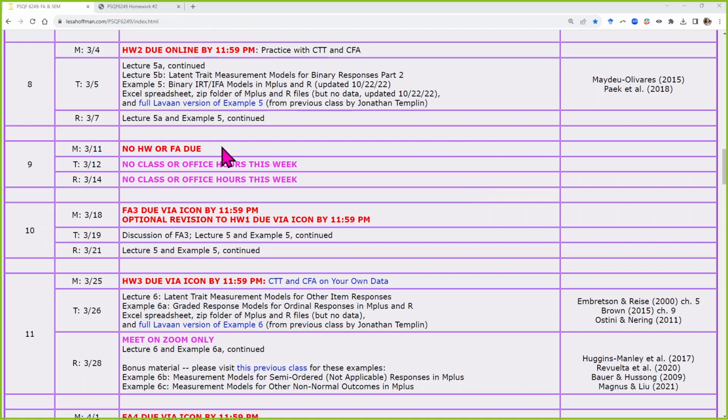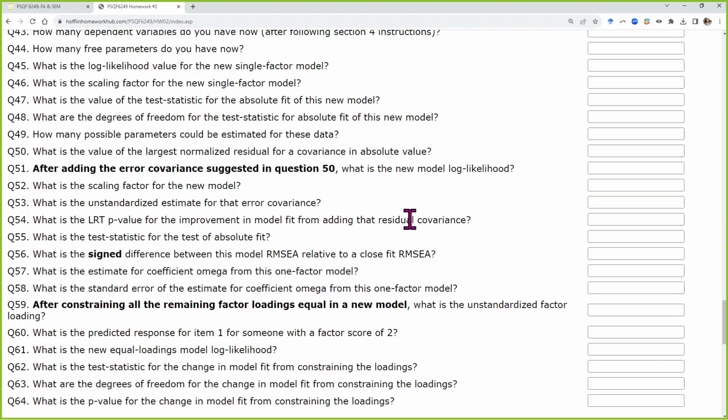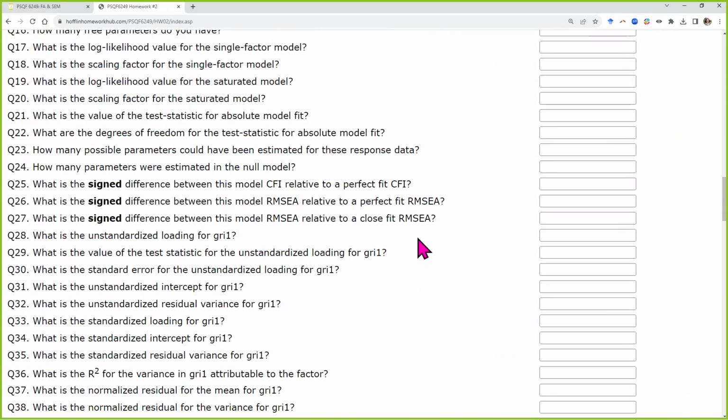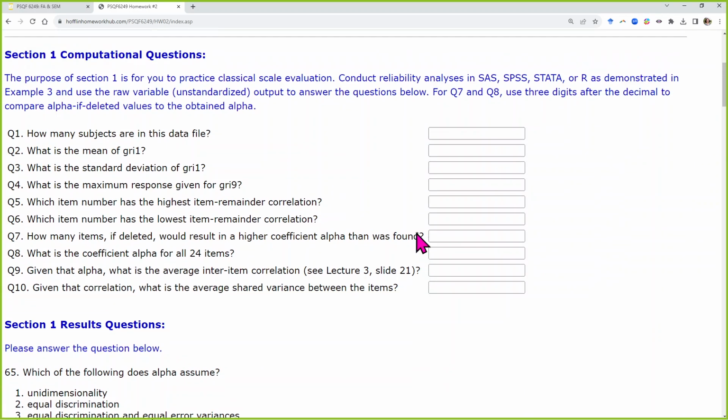But what you have to work on then, before spring break, is homework 2 due next week. And I've heard from the TAs a couple of common points of questions, so I thought that might be useful to go over as a group, and then I can entertain questions. In section 1, you can use whichever software you want to answer these questions.